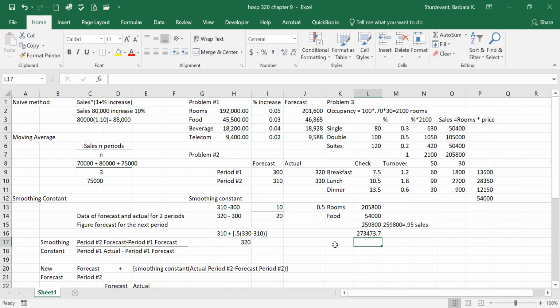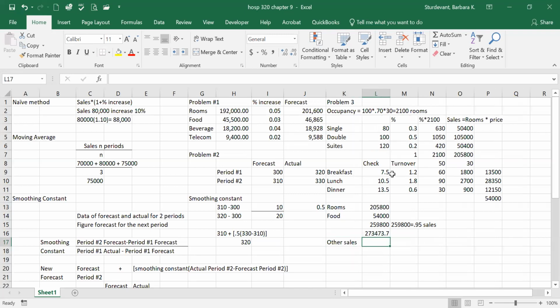So to find your other sales, would simply be your total minus the food and rooms. So that would be your other sales.